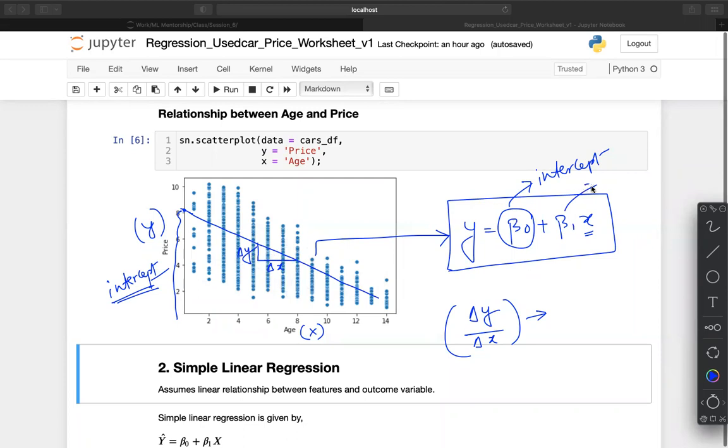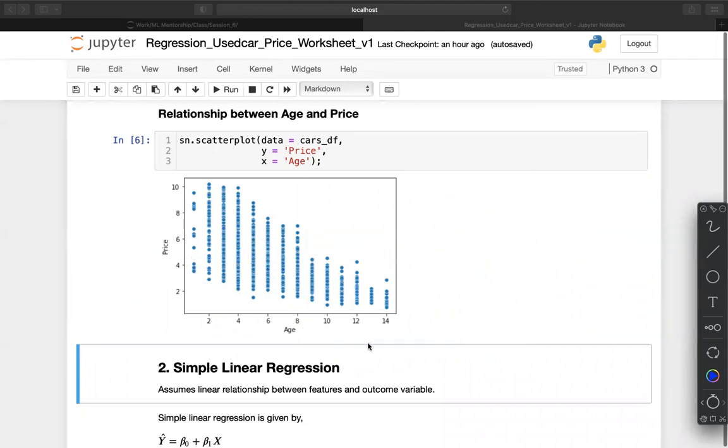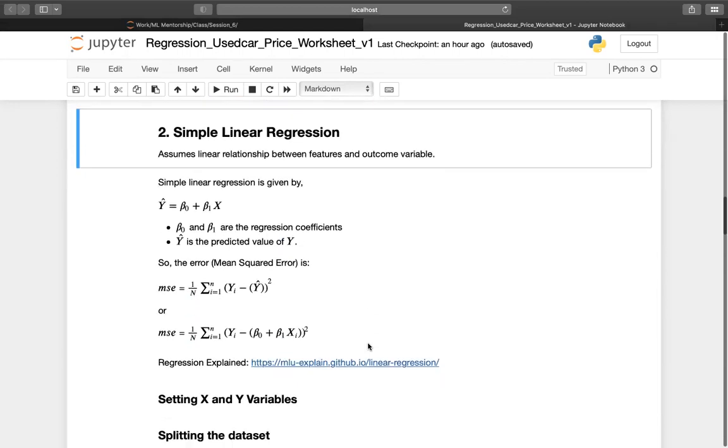So this is also called the slope or the coefficient, right? Coefficient. So for example, if we say my age is 8, that means we can say it is the intercept plus how much it changes multiplied by the age of 8, right? So that's a change we can add to that.